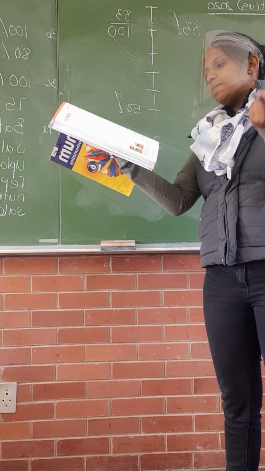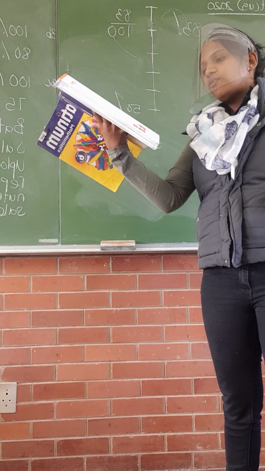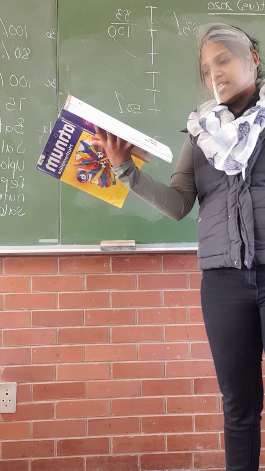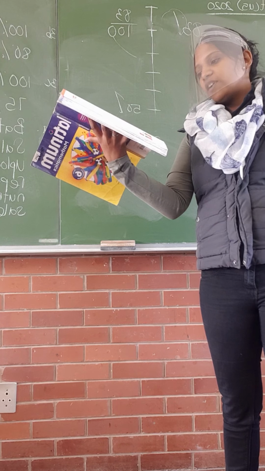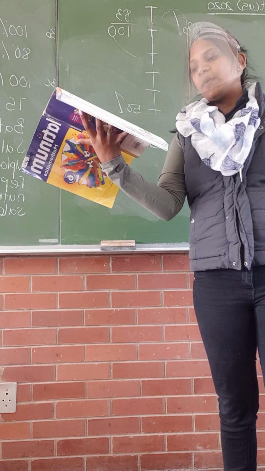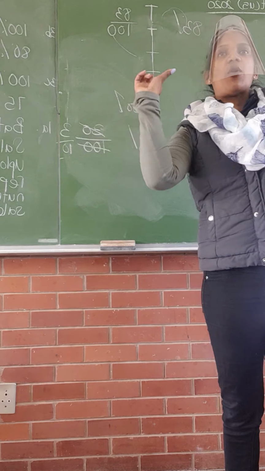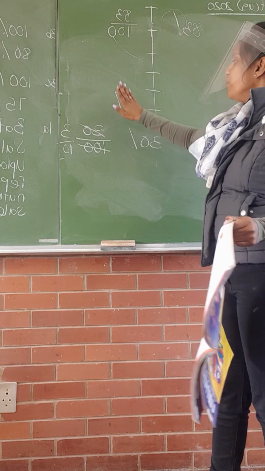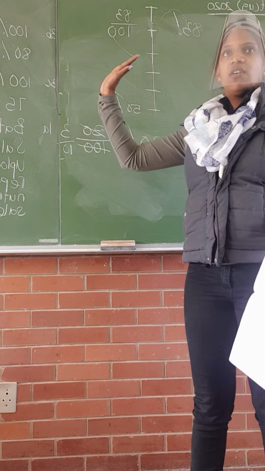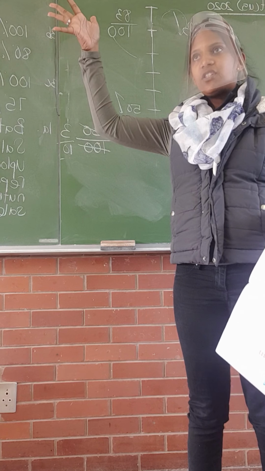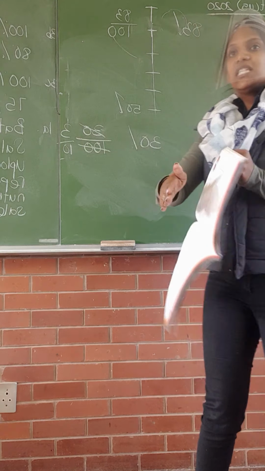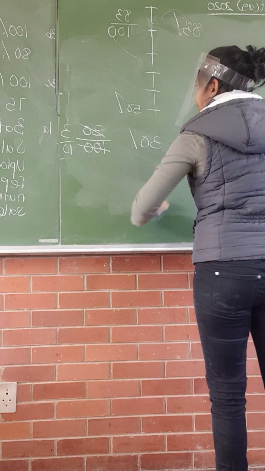Alrighty, and then number 2 says write the following fractions as percentages. Remember to first write as a fraction with a denominator of 100. So you must convert it to a denominator of 100. Show me if you multiplied or if you divided to get it to 100, to both. So this is how you'll set your work out, right?